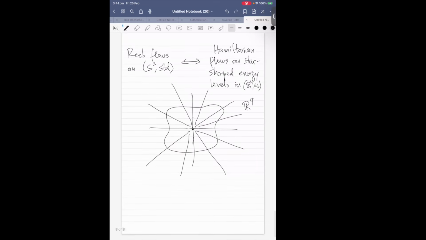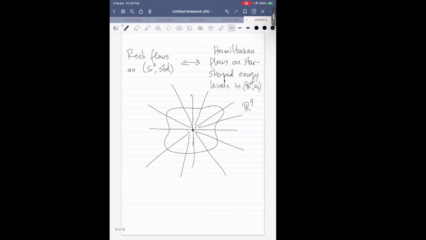So these energy levels are the Hopf flows on S3. And we are going to call such a domain, so these are bounded domains, right?